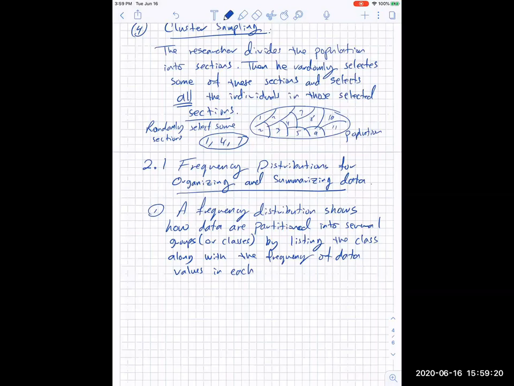So listing the class with the frequency of data values in each class. Okay.